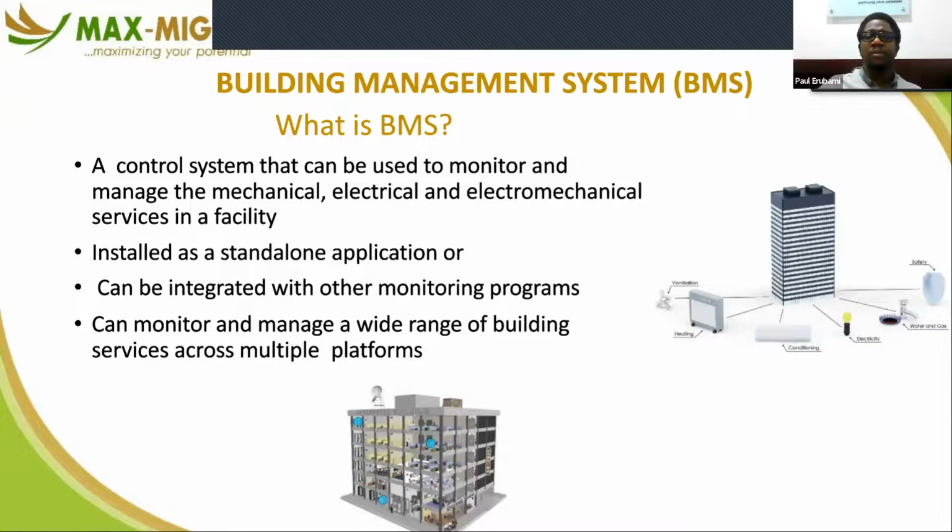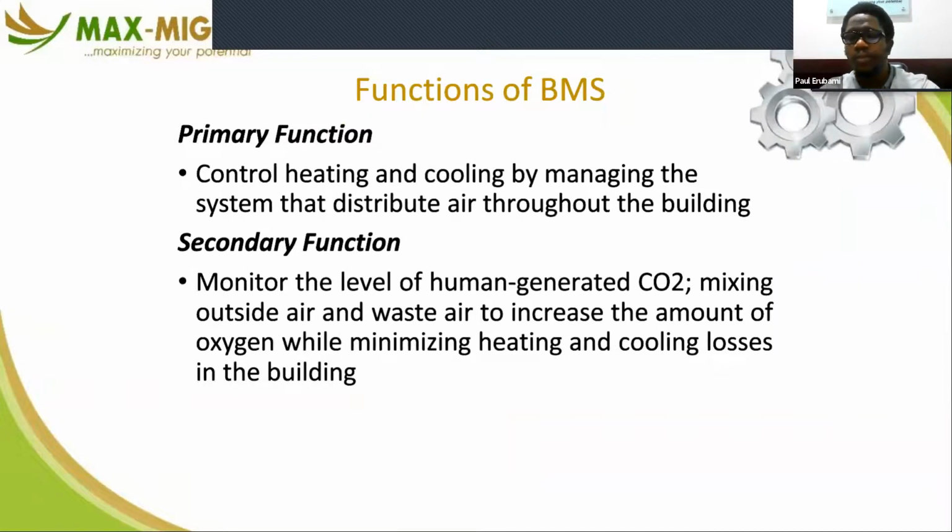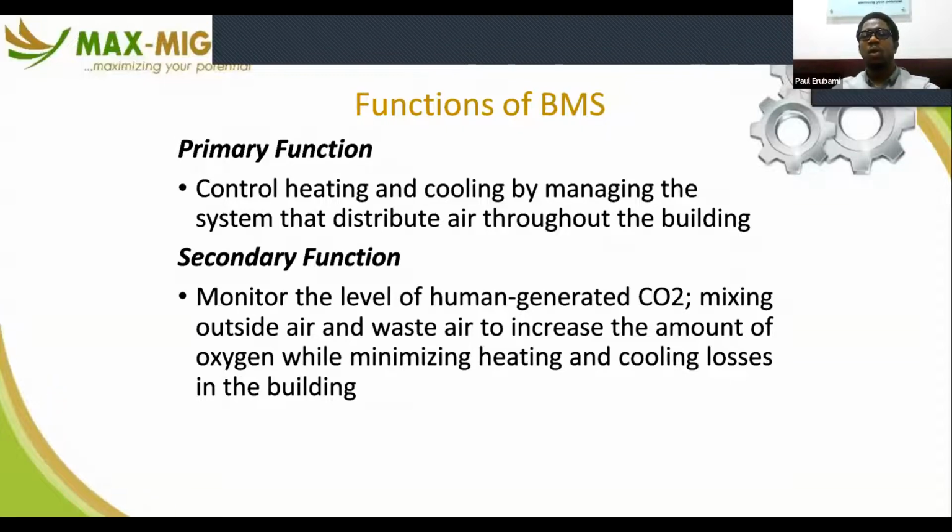A building management system is just a series of sensors that brings information to a central point so that I can use that information to act intelligently with regard to that component, asset, or equipment. And then a building management system can also be built in with a control system.